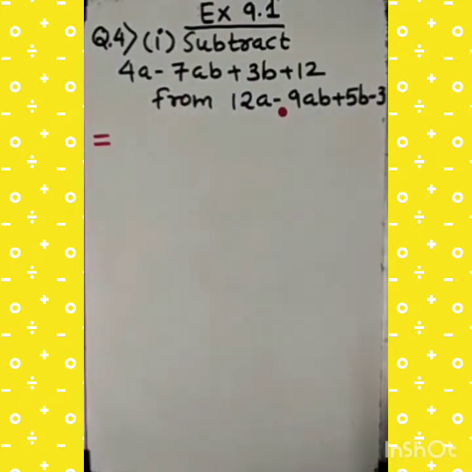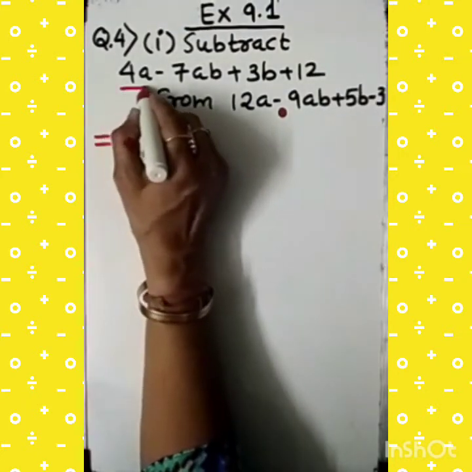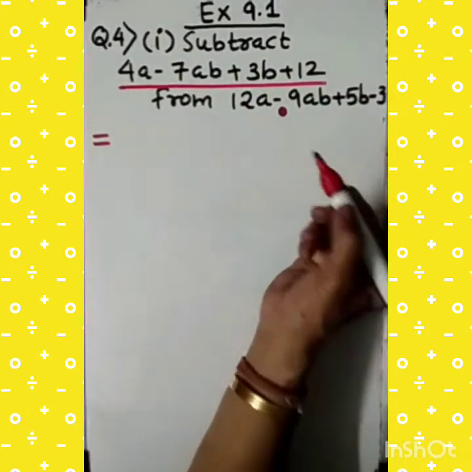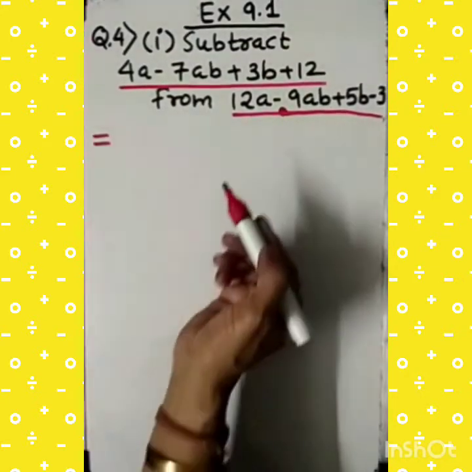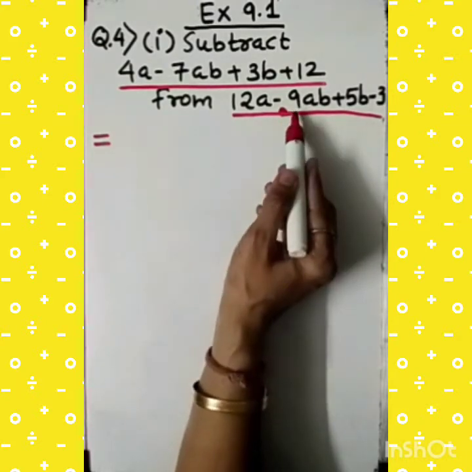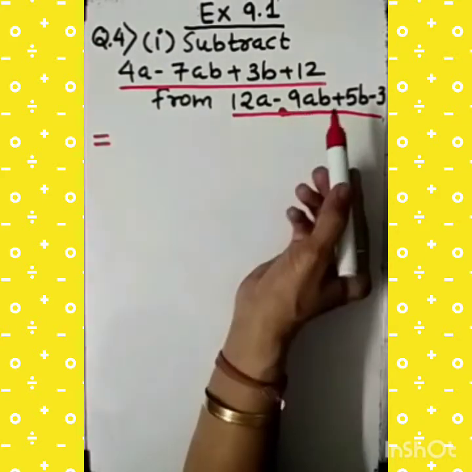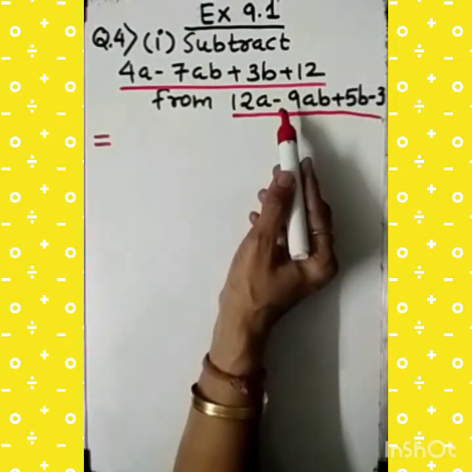First of all, observe how many algebraic expressions are given. You can see we are given this first expression and this is the second expression. Now we have to subtract the first expression from the second one.